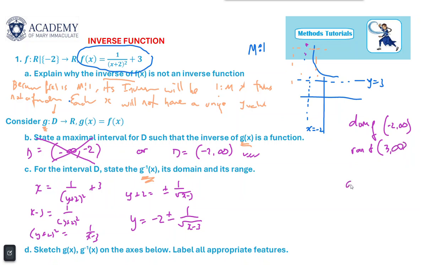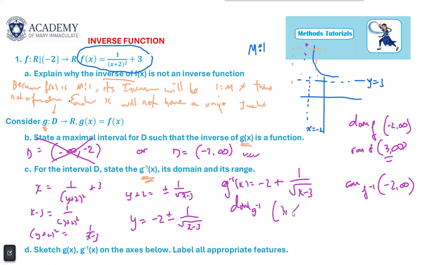Therefore, my range of the inverse will be -2 to infinity. Therefore, I want the positive square root. So g inverse of x is going to equal -2 plus 1 on the square root of x minus 3. The domain of the inverse will be the range of the original, 3 to infinity, and the range of the inverse will be the domain of the original, which is -2 to infinity.